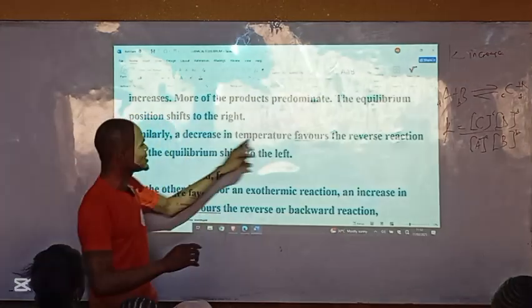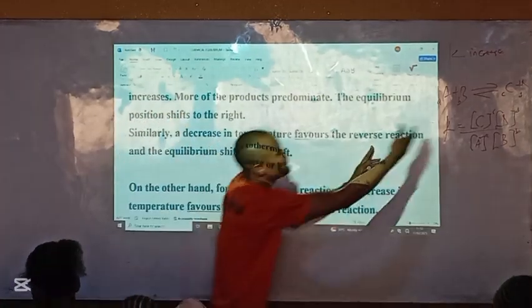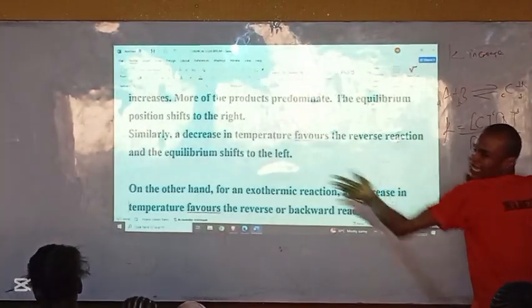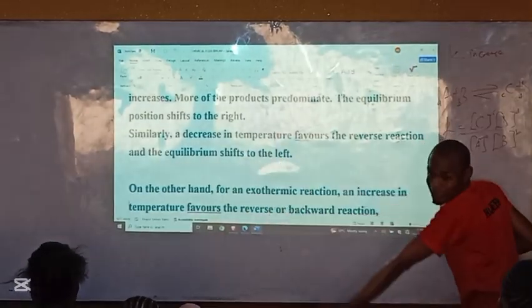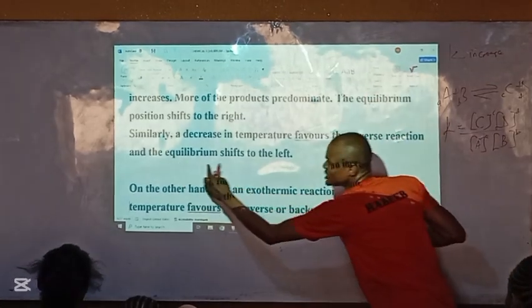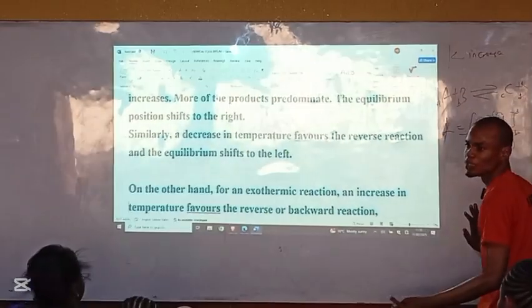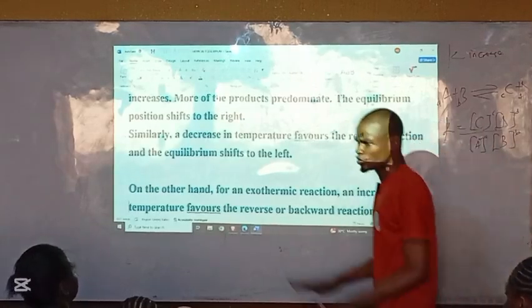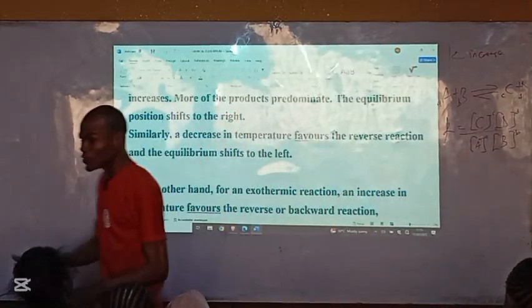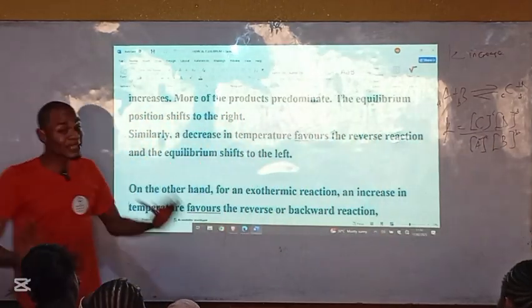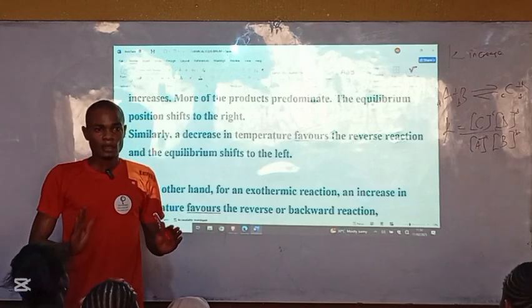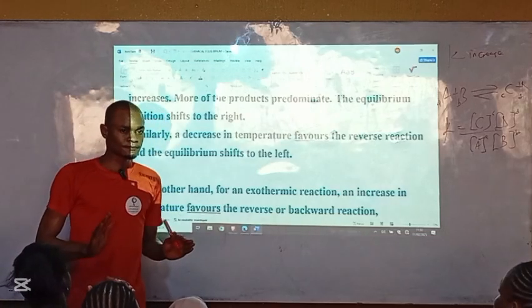So when you decrease the temperature, it favors the reverse reaction, the backward reaction. That's the left hand side. The equilibrium will shift to the left, and the equilibrium constant will also reduce, for endothermic reaction.